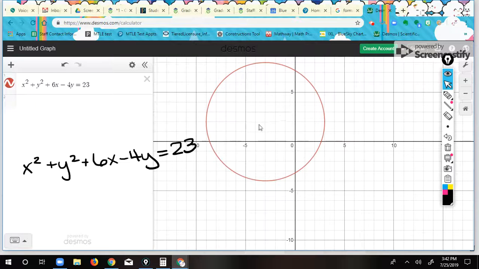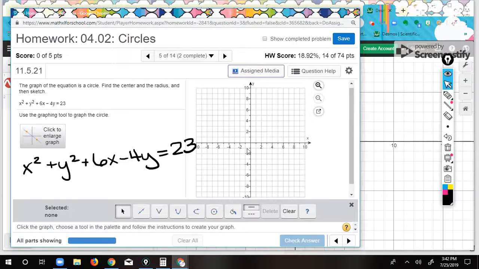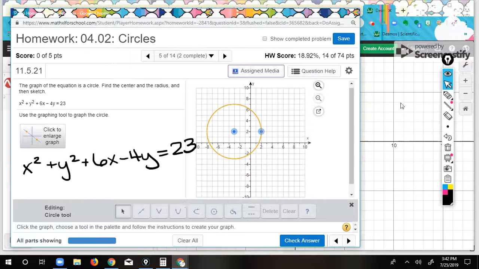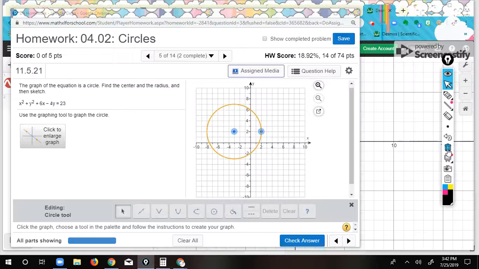We just got to get the center off there. I think it looks like it's centered at -4, 2. No, -3, 2. We could try that. So, -3, 2. Then we go this way. Oh, yeah. Okay. So we'll have to put this in completing the square formula, which is totally doable.